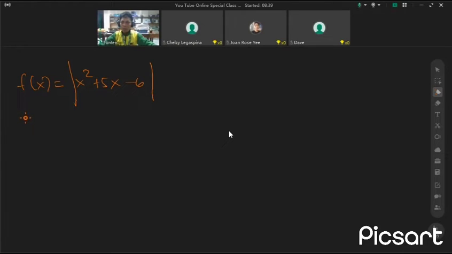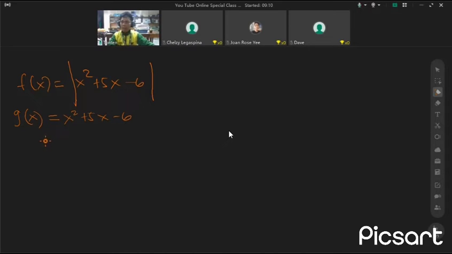We used G a while ago. The g of x, removing the absolute value sign, becomes x squared plus 5x minus 6. From this, we can now determine the graph. This is a parabola which opens upward.